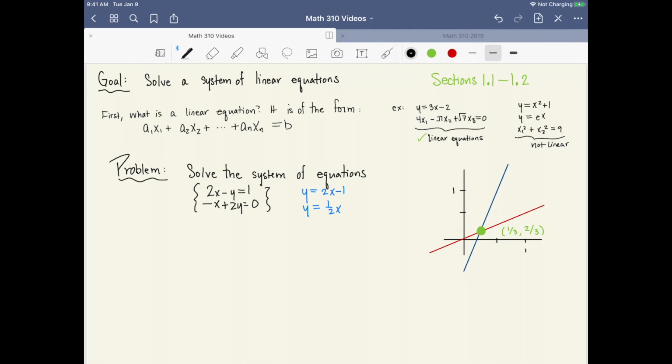Okay, when we say we want to solve a system of equations, this means we want to find a single point, x comma y, which solves both of them simultaneously. One solution. x, y, which solves both.